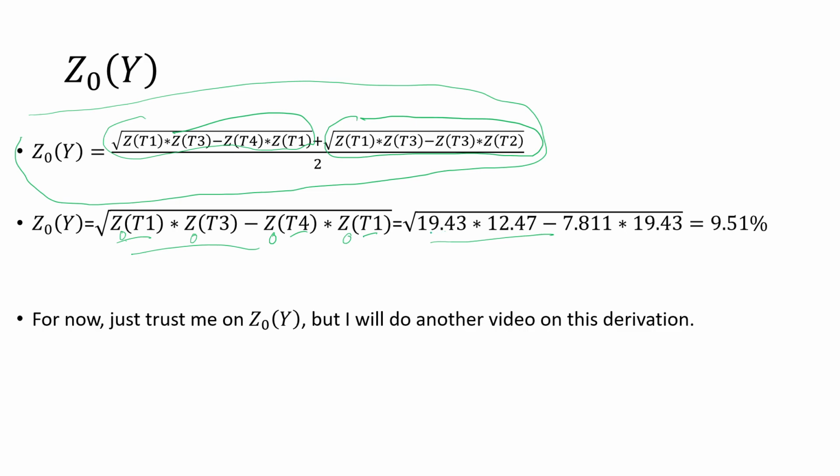The numbers are calculated in the previous slides. If you just plug the numbers, that's the impedance, 9.51. Again, for now, just trust me on this, but I'll do another video on this derivation.